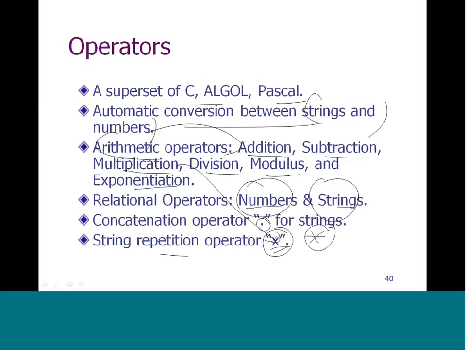And in Perl there are arithmetic operators: addition, subtraction, multiplication, division, modulus, which is the percentage sign, and then exponentiation, which is the double asterisk. And then we have relational operations, one set for numbers and one set for strings. Actually, we don't have a data type where we can operate these things on.